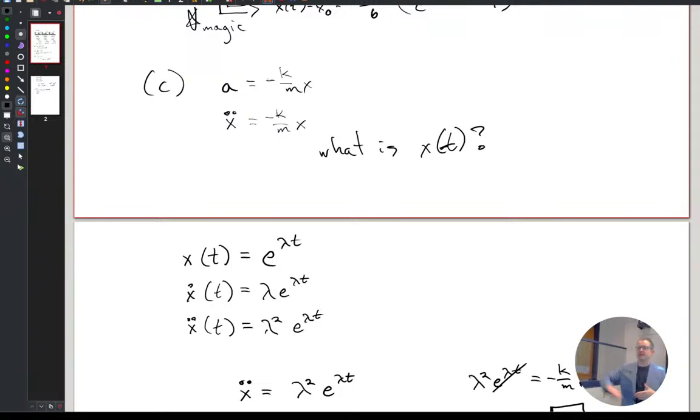If it's real, then you have either exponential decay or exponential increase. And if it's imaginary, then you have sines and cosines. So the quick way is just knowing, oh look, x double dot equals something times x, it's sines and cosines. And it's always the case.